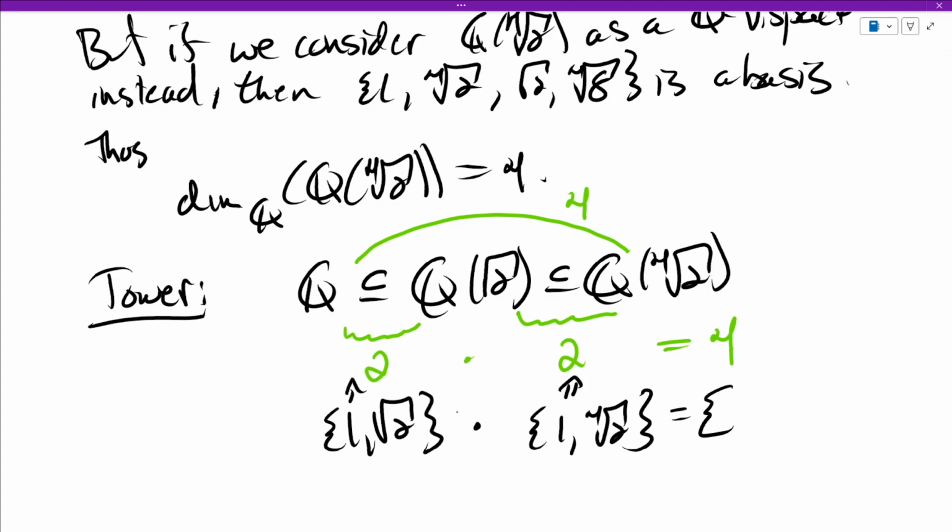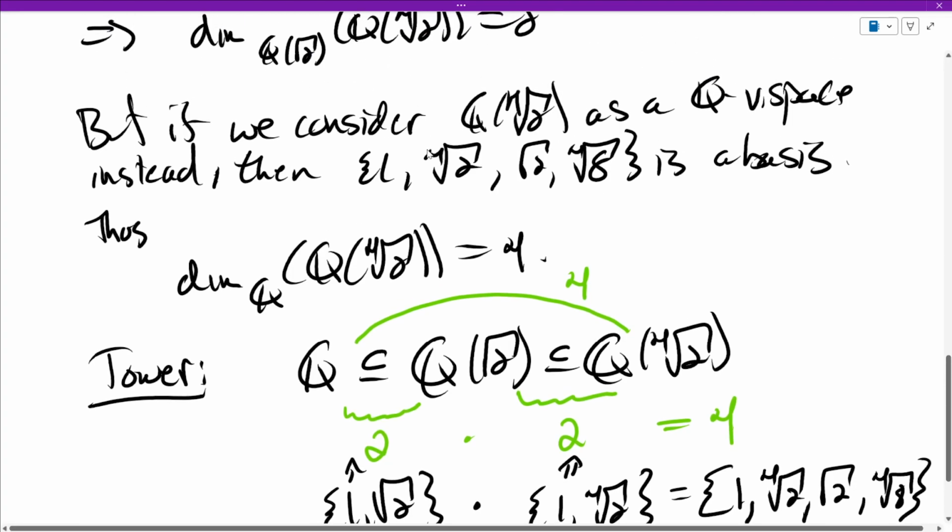What do we get? Well, we just do all pairwise products is what I mean. We'll do 1 times 1, 1 times the fourth root of 2, the square root of 2 times 1, the square root of 2 times the fourth root of 2 is the fourth root of 8. That was a basis for the big extension, right? That was this basis. And that's the proof of the tower law.